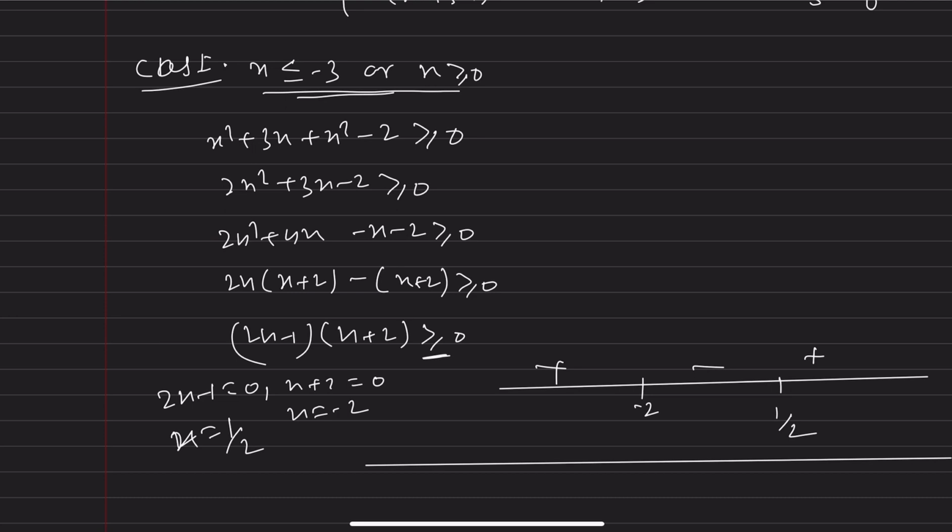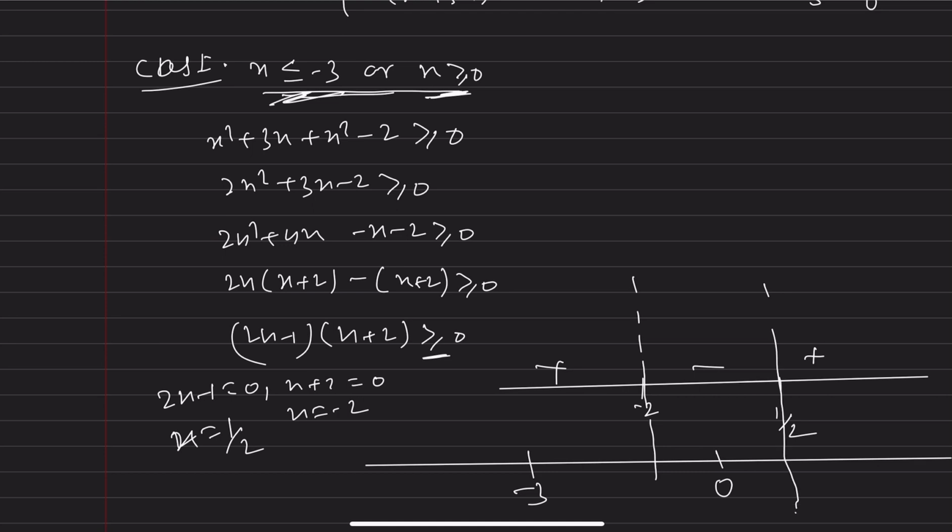Now before that, there is another constant here. Minus 3 is there, and 0 is there. So it is saying that you have to consider all the values which are greater than 0 and less than minus 3. And it is saying you have to consider all the values which are less than minus 2 and greater than 1 by 2.